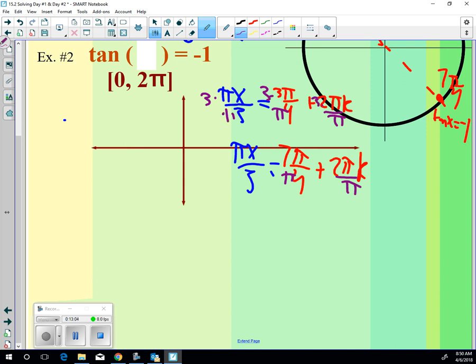So this will be x equal to 9 pi over 4 pi, or just 9/4. Pi's cancel out, plus 6k. This one is going to be 7/4 plus 6k.